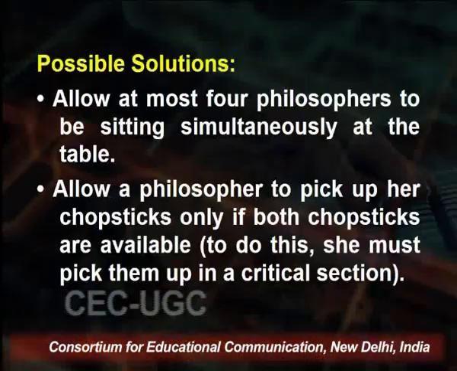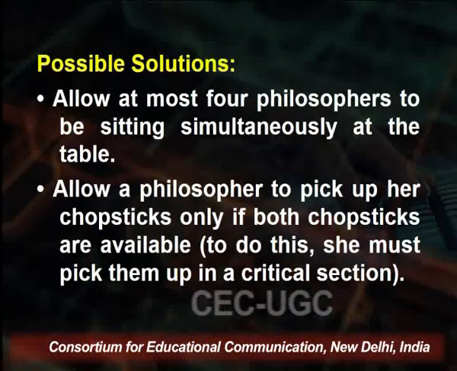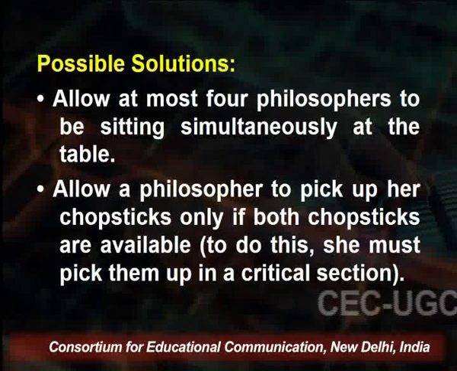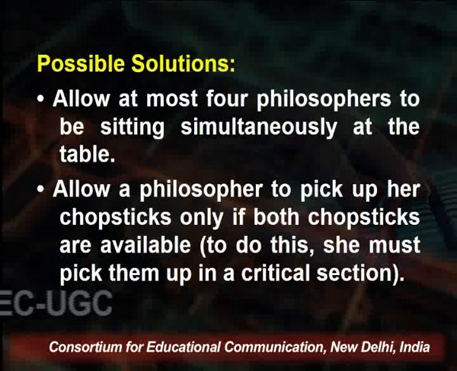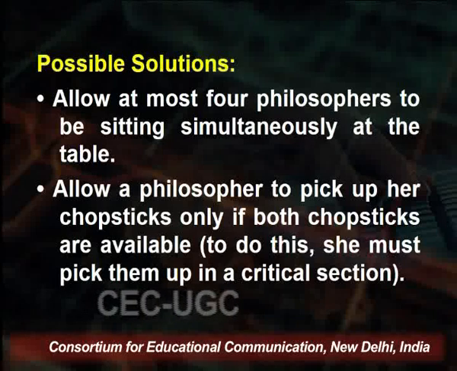One possible solution is, with 5 chopsticks, we can allow at most 4 philosophers to be sitting simultaneously at the table. So not 5 but only 4 philosophers are sitting at the table and they will be using the resources.